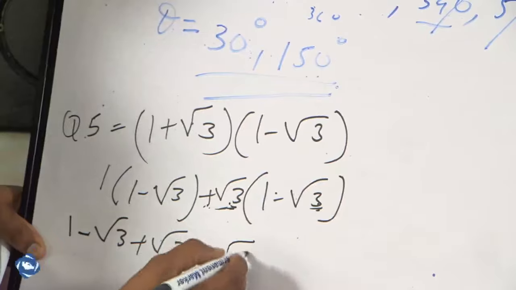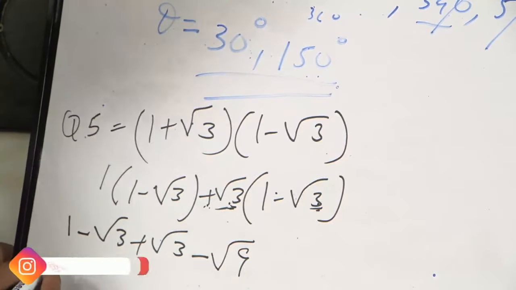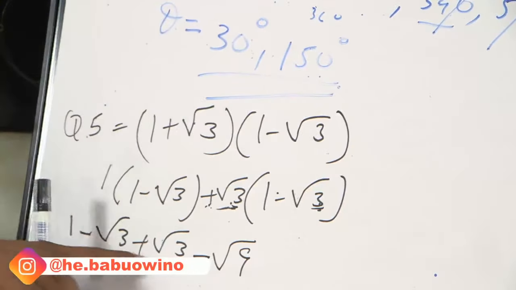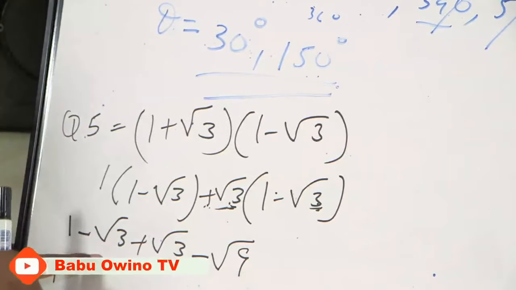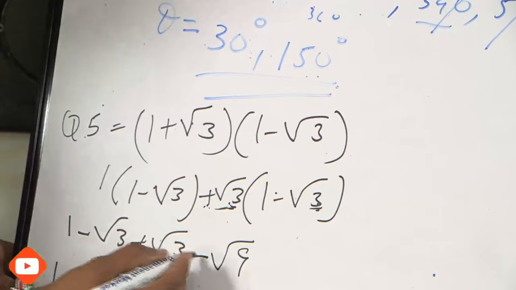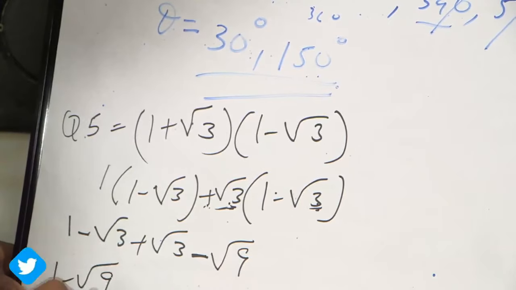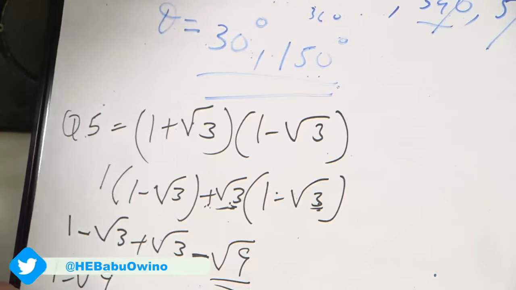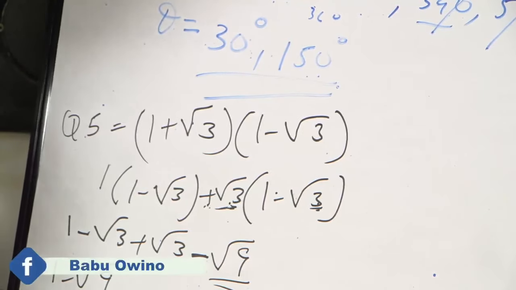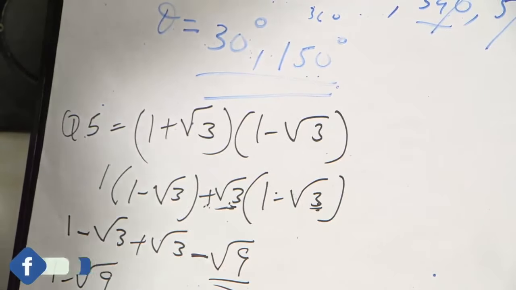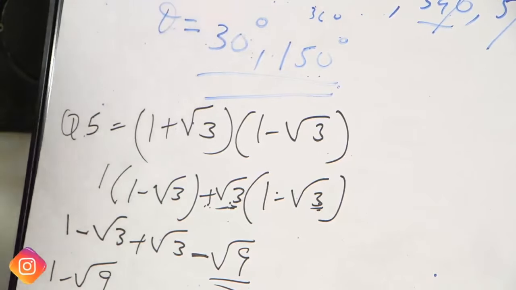That is root 9, which is 3. So the root 3 terms cancel, and you get 1 minus 3, which is minus 2.